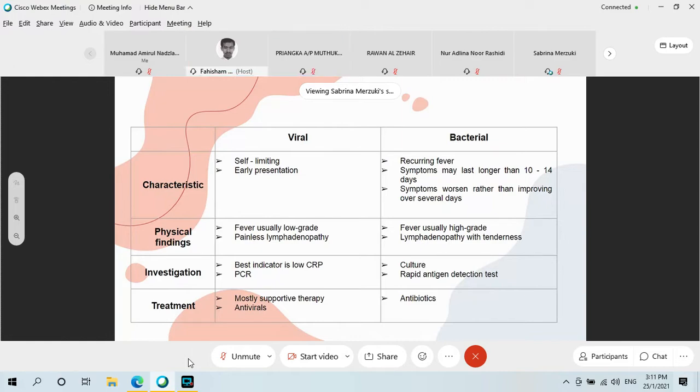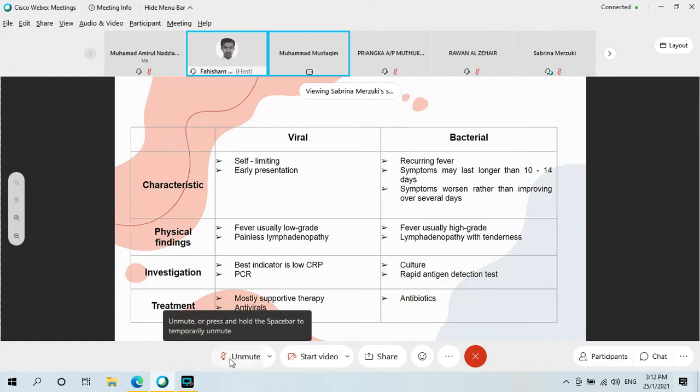Is it gram stain, doctor? Not gram stain. If you do peripheral blood smear, what can you see if you want to look for infection? Have you ever heard about toxic granulation? Or what about left shift? Not yet, is it?